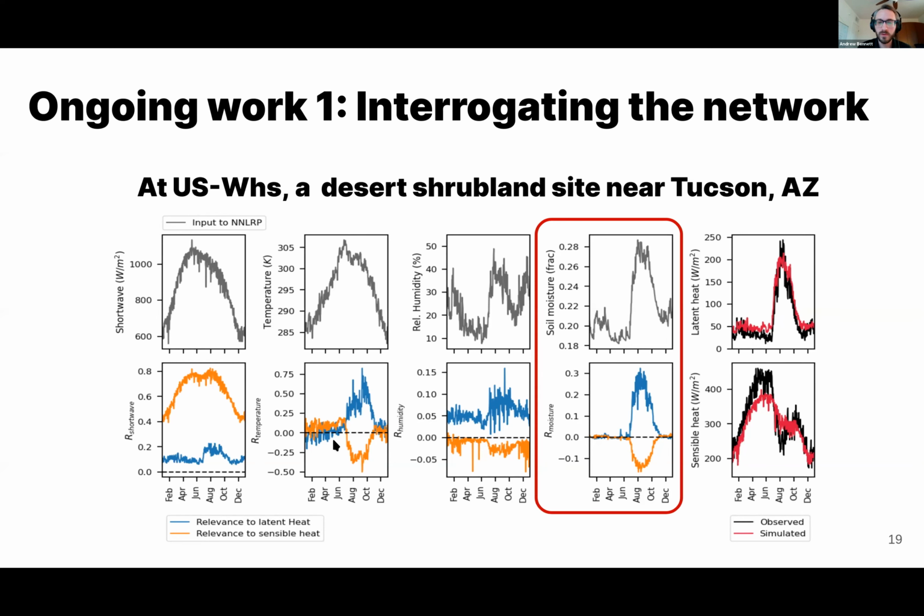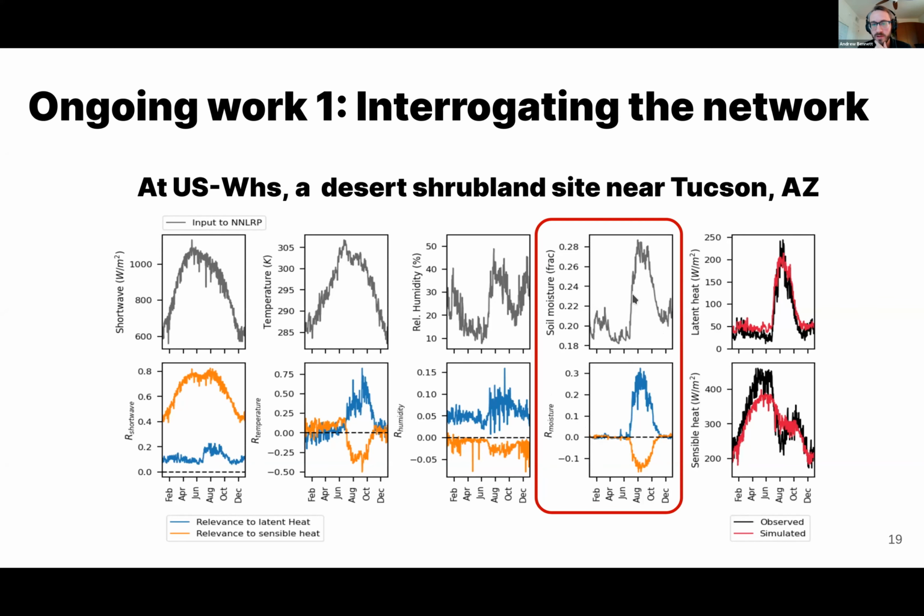Just to be quick about it, I'll highlight this moisture relevance time series. We can see that during the time when there's low soil moisture, there's not a lot of relevance. So the neural network is basically saying, I don't know what to do with this soil moisture score. It's not really helping me determine what to do.